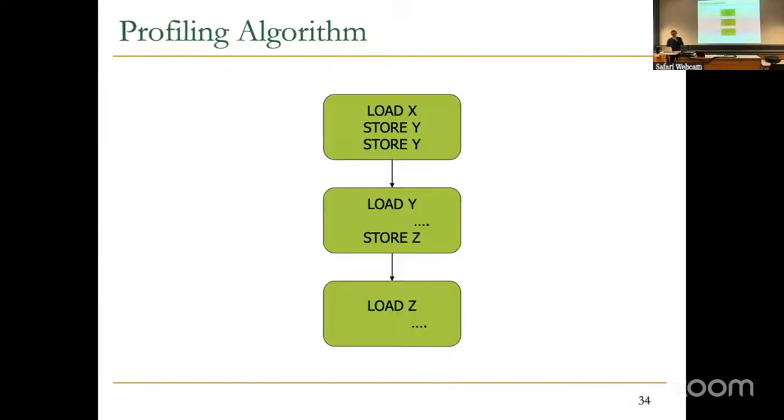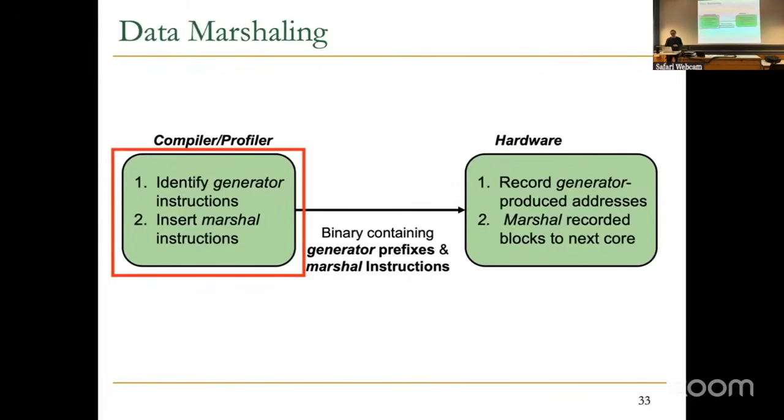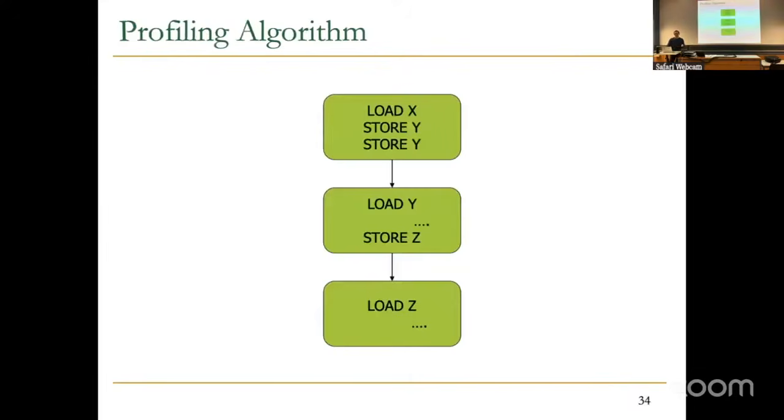Okay, let's take a look at how the compiler can do this. This can be done exactly. It doesn't need to be profiling, but we did profiling in this particular case. You can exactly figure out which instructions are generator instructions in the binary by doing static analysis, assuming you can disambiguate addresses. That may not always be the case, depending on the programming language and memory access semantics that you have.